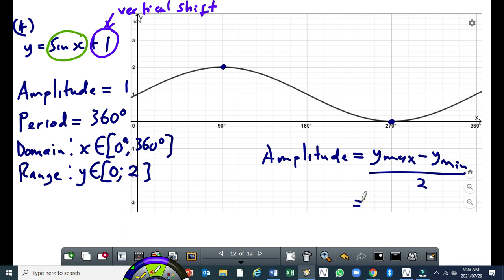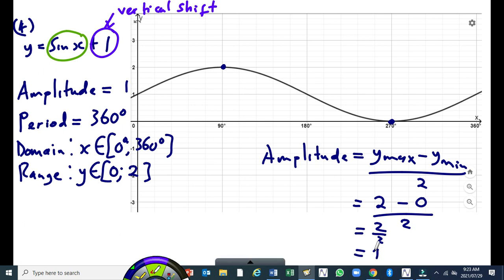So here our maximum is 2, minimum is 0, so you get 2 over 2, and the final answer will be 1. Okay, so you can decide which way you prefer, but generally with the formula you will never go wrong.